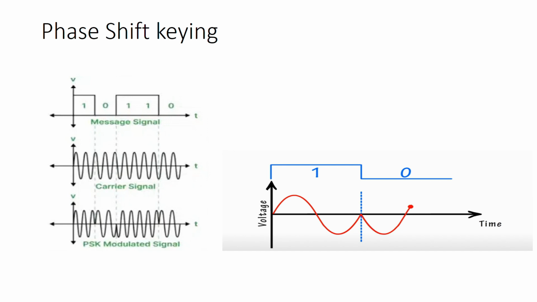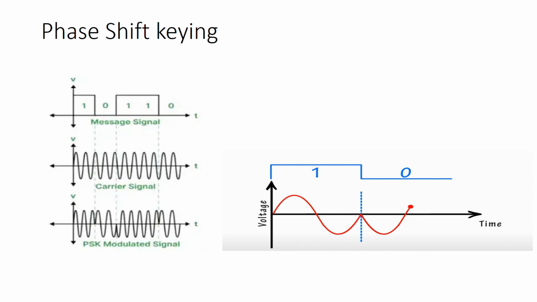We can see the frequency and amplitude of the carrier wave remain the same. The only change is phase, specifically. Phase changes at the point where the binary value 1 changes to binary 0, or where 0 changes to 1.